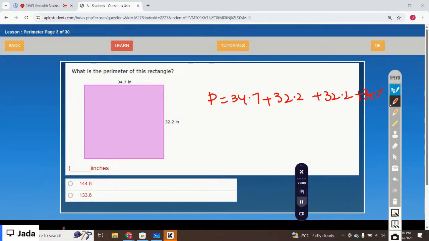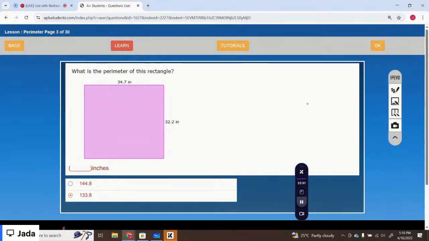So that is 34.7 plus 32.2 plus 34.7 plus 32.2. That is 133.8. Option number 2 is the correct option. That is 133.8.